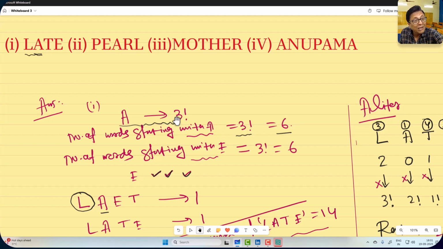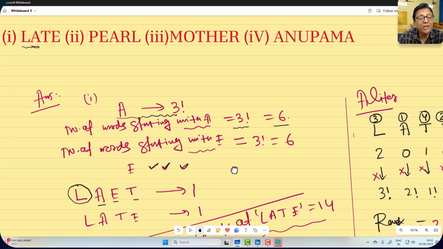We cannot arrange the remaining 2 yet, so we think about the next letter, which comes after A, that is E, and then of course T. So LAT is 1. Next one is only going to be LAT because you cannot take T here, no? LTA is not required. We will be finding the rank of this word only.